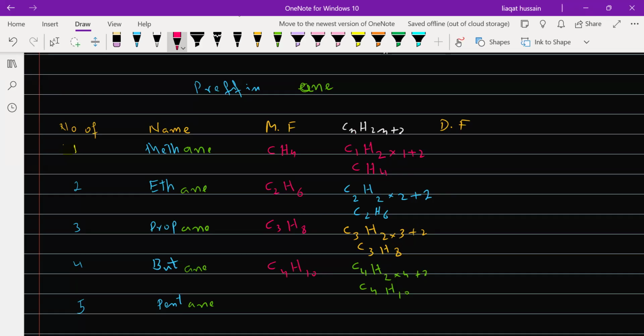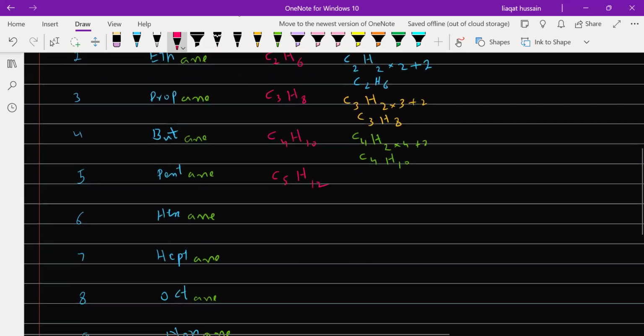For pentane, there will be C5, and 5 multiplied by 2 is 10, plus 2, 12. Similarly, you can write the hexane formula.